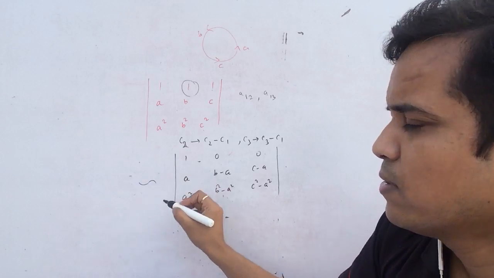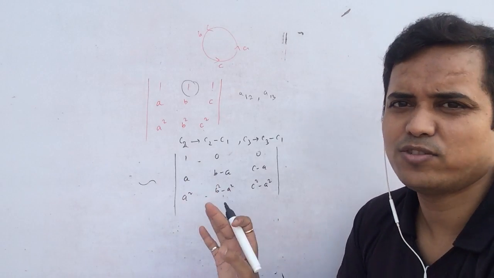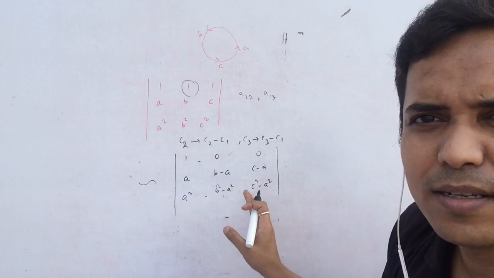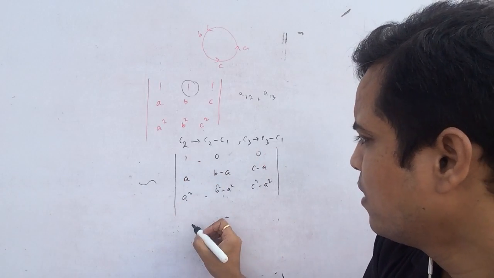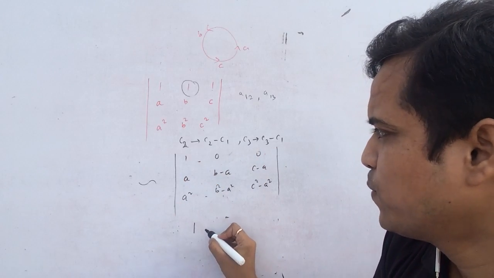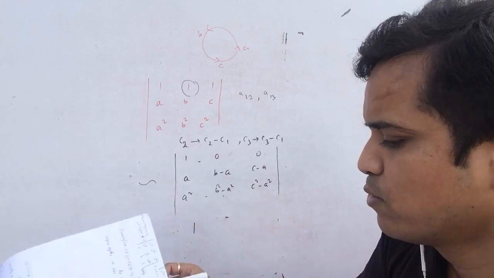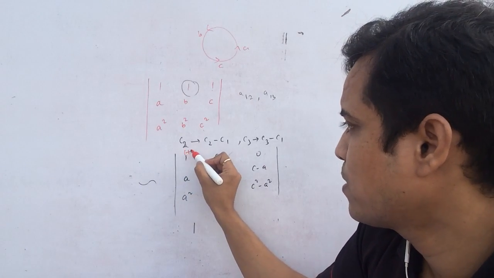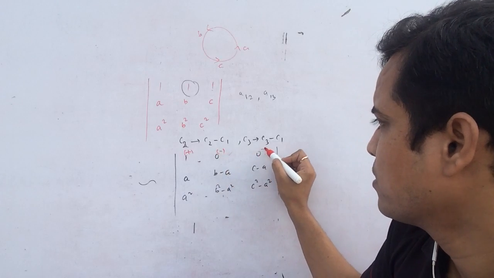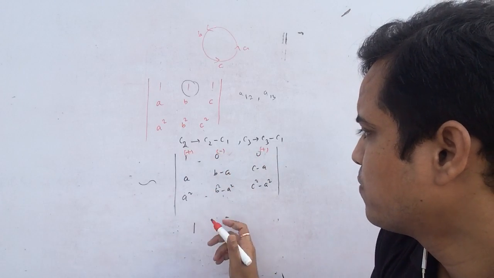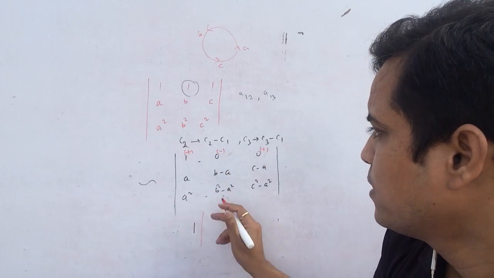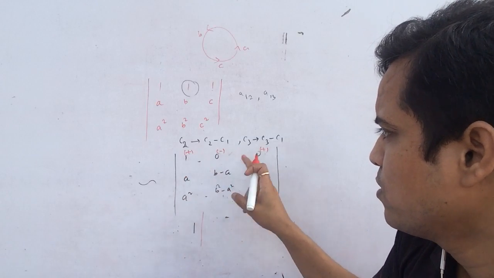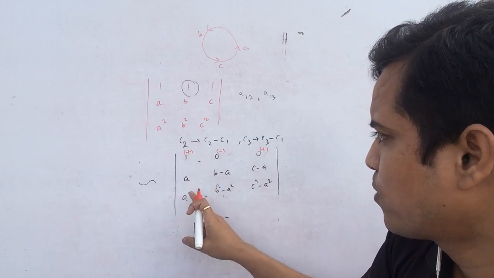Now the expansion is very easy. Expand through row 1. The rule is first you write plus, minus, plus. So this is plus 1, then remove this row and the corresponding column.